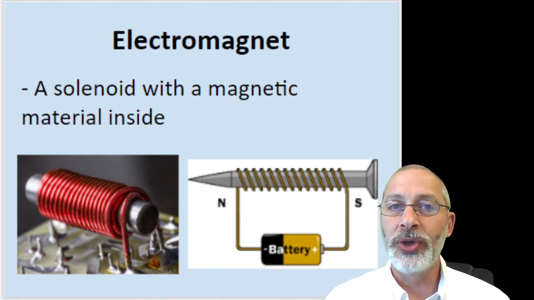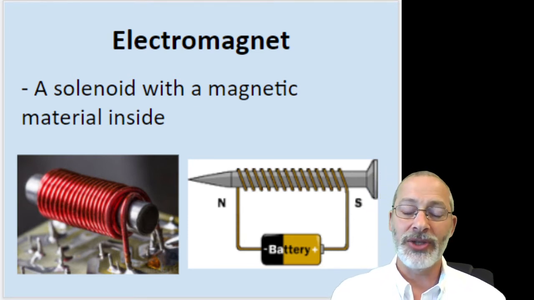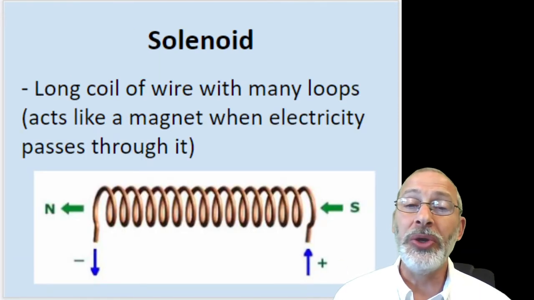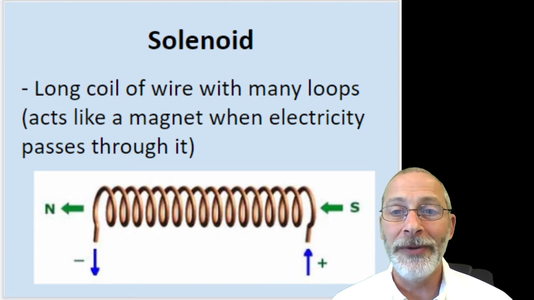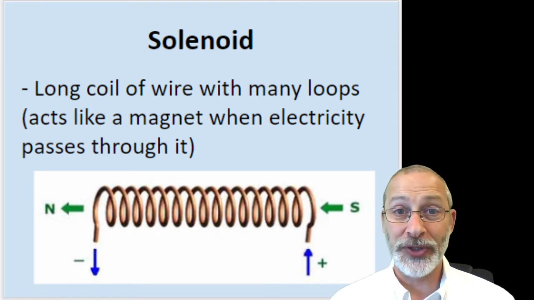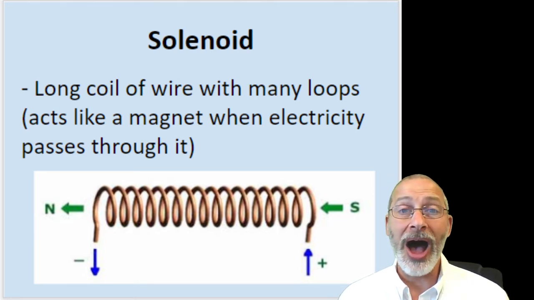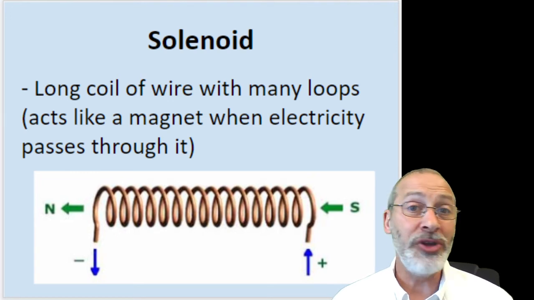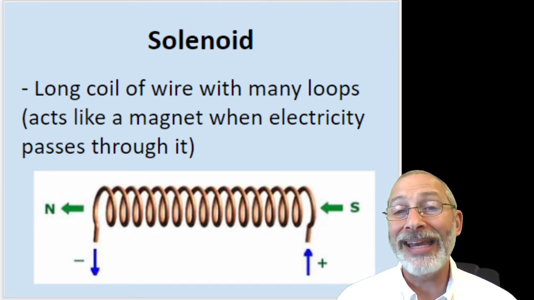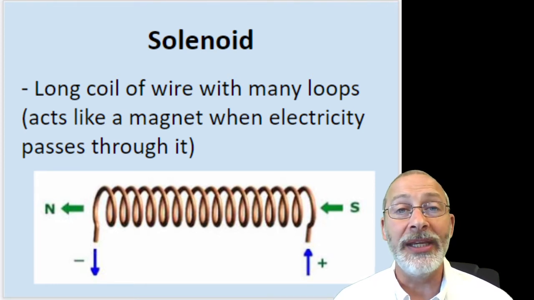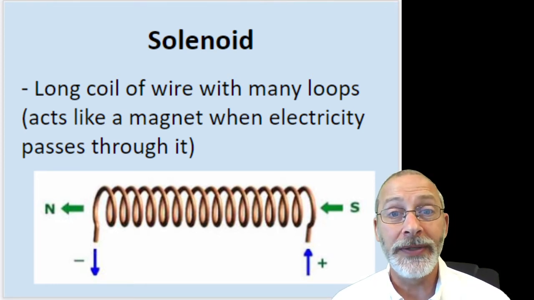So what is a solenoid? You may have guessed already. The solenoid is a long coil of wire with many loops. So take a wire and coil it up and you've got a solenoid. And it acts like a magnet when electricity passes through it.